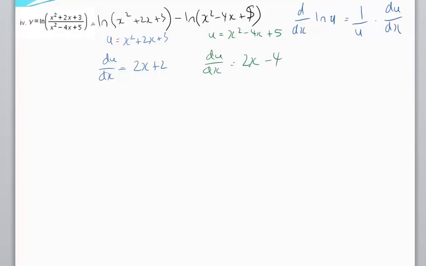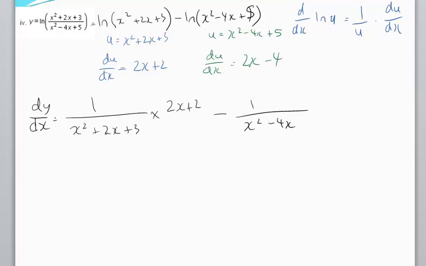So going back to our equation here, we're going to find dy on dx, and we have our two different logarithms. Our first one, we're going to have 1 on u, 1 on x squared plus 2x plus 3 multiplied by du on dx, which is 2x plus 2, minus 1 on u, which is 1 on x squared minus 4x plus 5 multiplied by our du on dx, 2x minus 4.